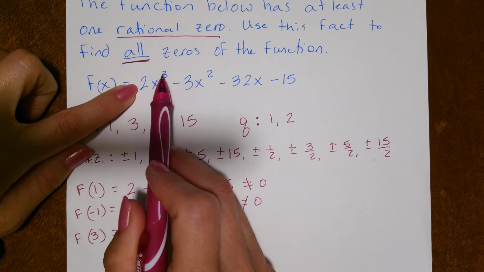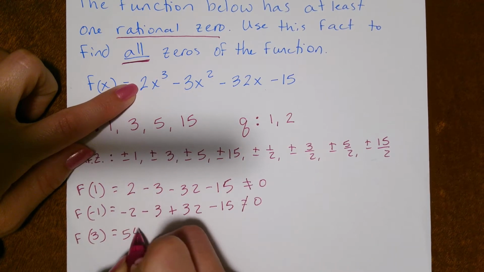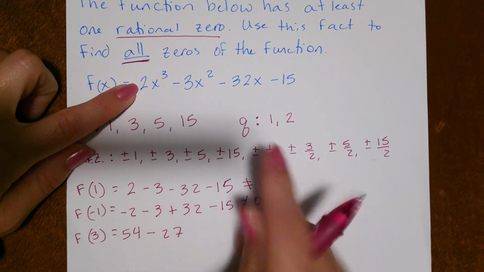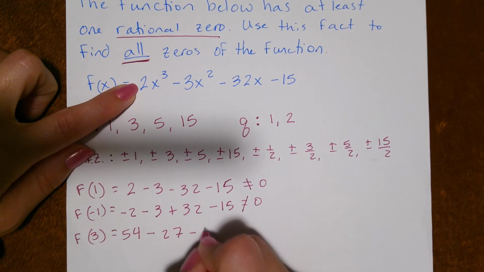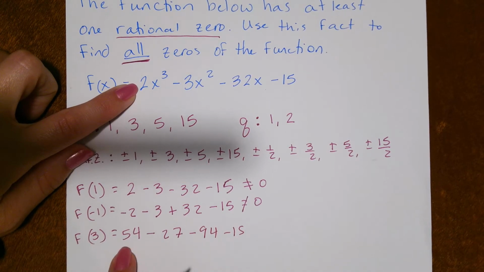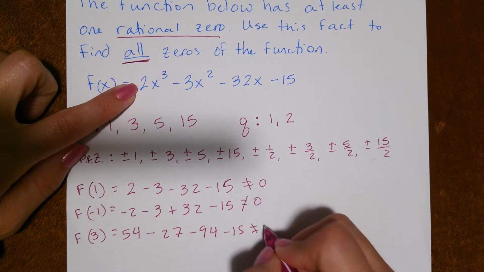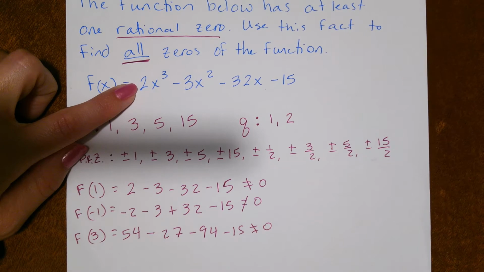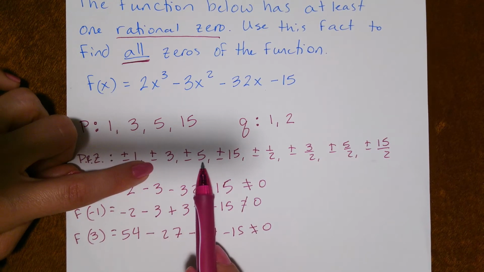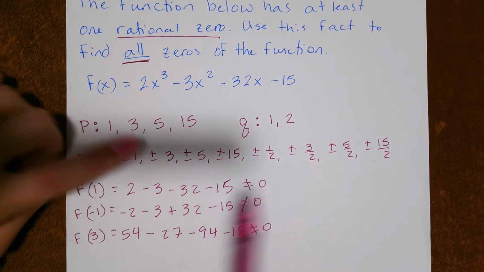So 3 cubed is 27, times 2 is 54, minus 27, minus 96, minus 15. So I have all these big negatives, and this one positive, that won't equal 0 either. And so I'll keep going. I'll go to negative 3. And if that doesn't work, I'll go to positive 5. If that doesn't work, I'll go to negative 5, so on and so forth.